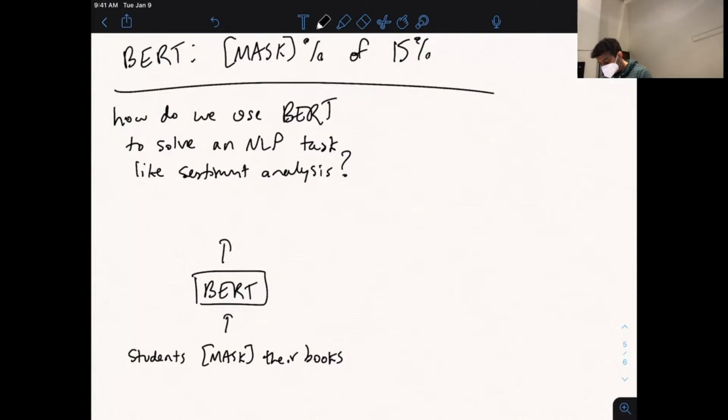And we're going to get a bunch of vectors, and we're going to predict open. We're going to call this the pre-training task.